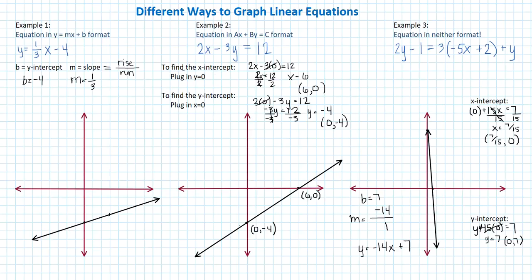So we still would have started by subtracting this y from both sides and distributing the 3. So then we get y minus 1 equals -15x plus 6, and then we're going to add this 1 to both sides, and we end up with y equals -15x plus 7.